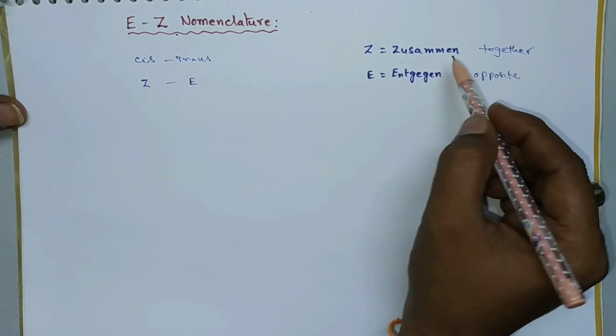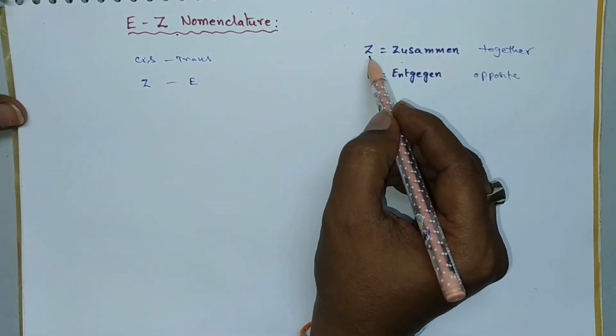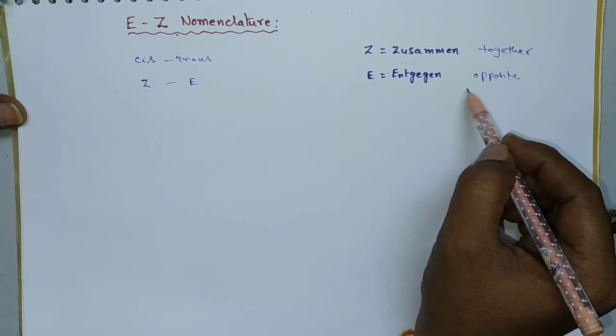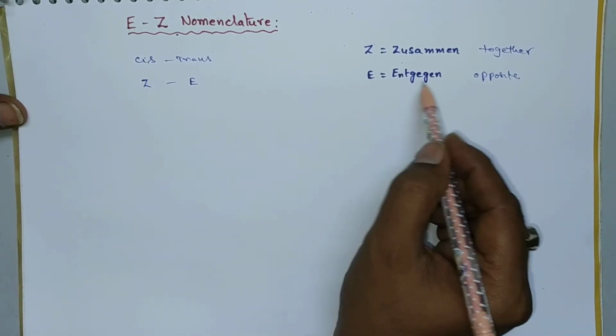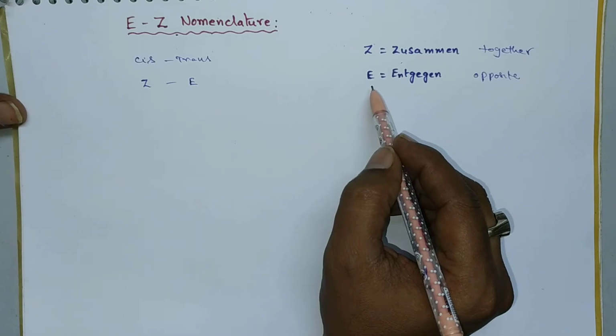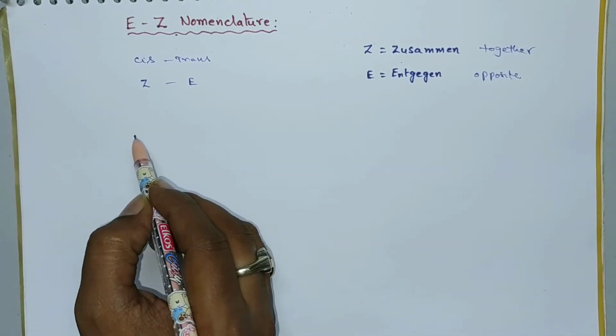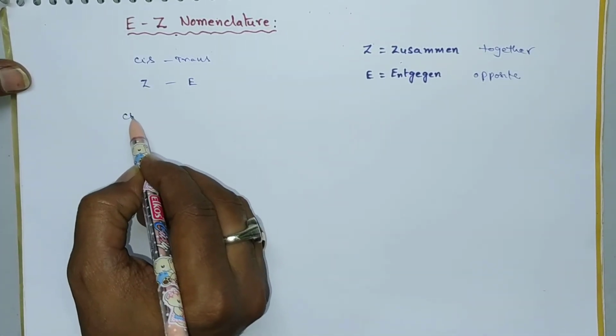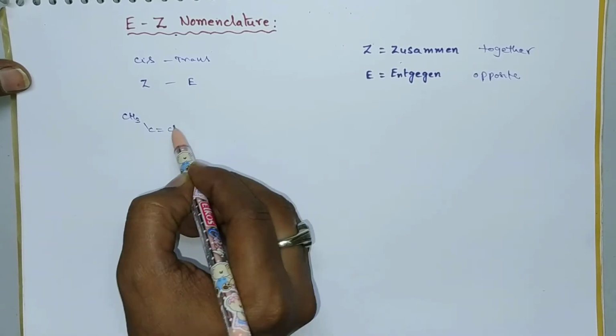So if two similar groups are present together, then it is called Z configuration. If two similar groups are present on opposite sides, then it is called entgegen, that is E. Now let us consider an example of but-2-ene.